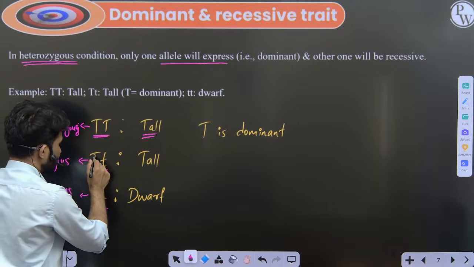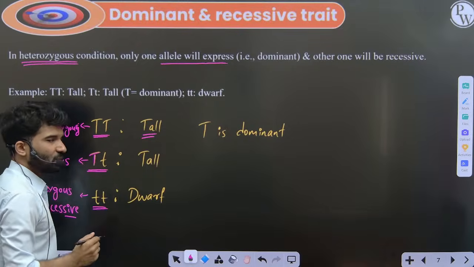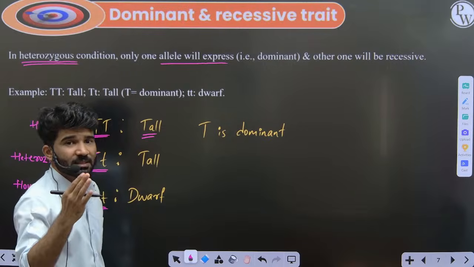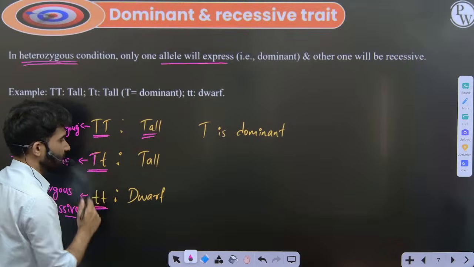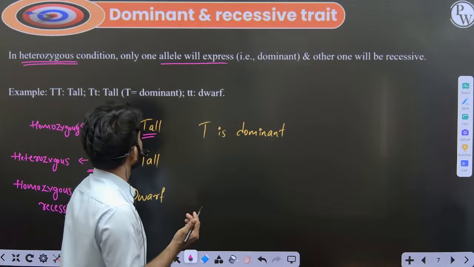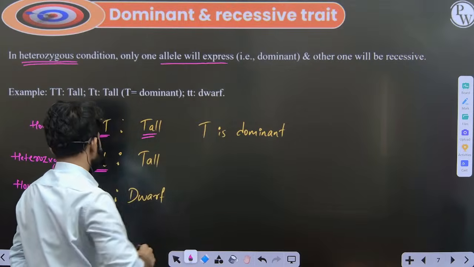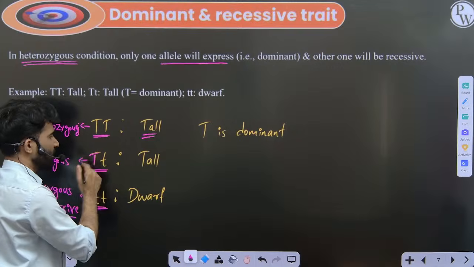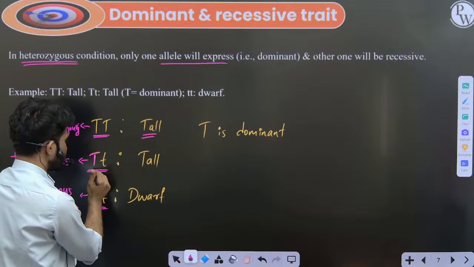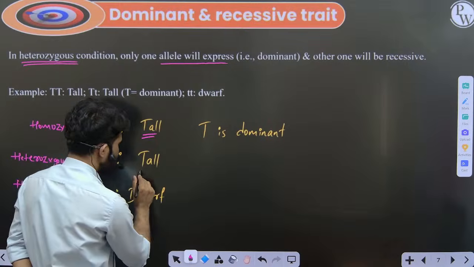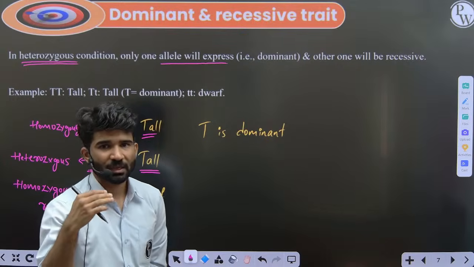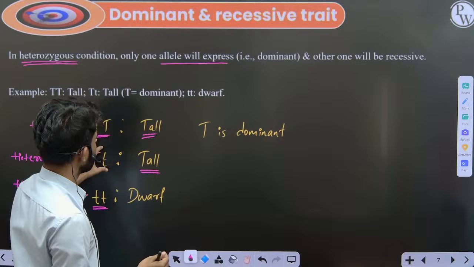Only the tall allele is expressing itself, and the dwarf gene is suppressed by the expression of this capital T. If there is a presence of capital T, the tall gene, it expresses itself, and the gene for dwarf is not expressing because of the dominance.